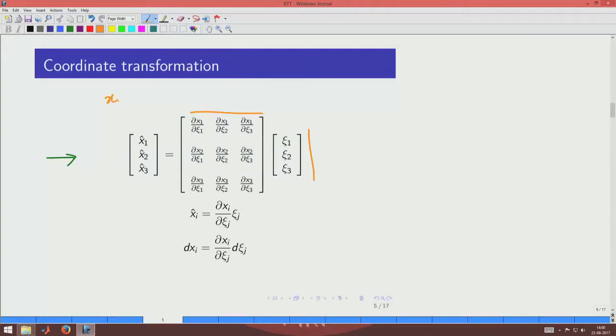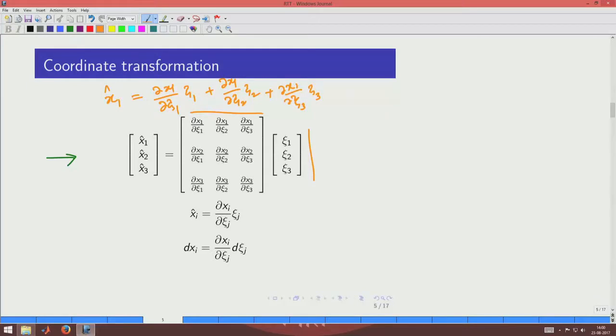You have x 1 vector and you would write it as dou x 1 by dou xi 1 plus dou x 1 by dou xi 2 plus dou x 1 by dou xi 3. Like this you could write all the 3 equations for the transformation of variables, and then you have them in the matrix form.